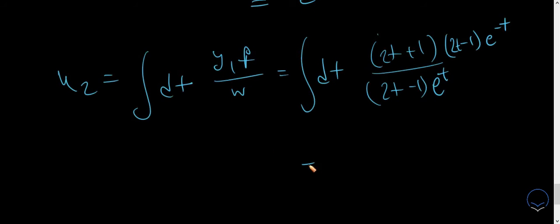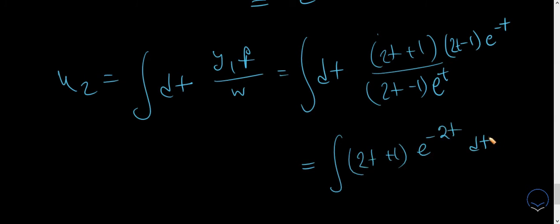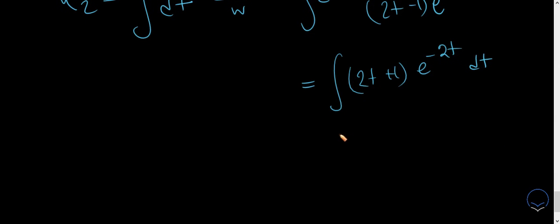So if you integrate this thing, the result will be just the integration of (2t plus 1) e to the power minus 2t dt, and you can integrate it by doing integration by parts or whatever you want to do.